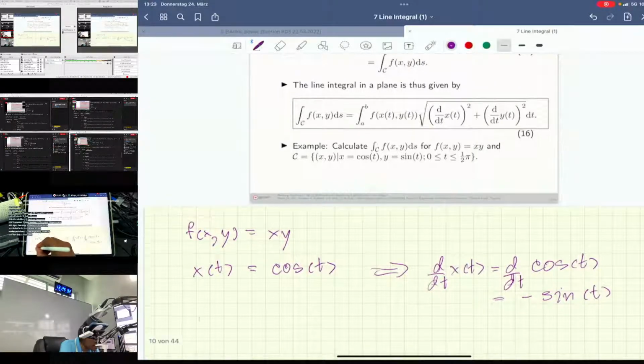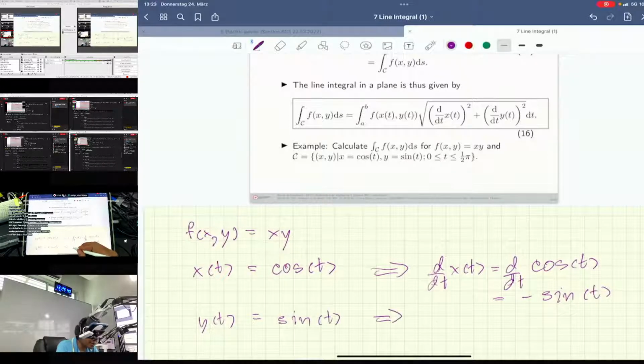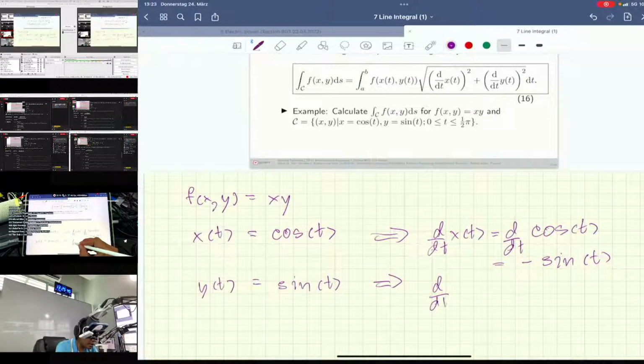And for y(t), we have sine t, and the derivative of sine t will be cosine t, right?